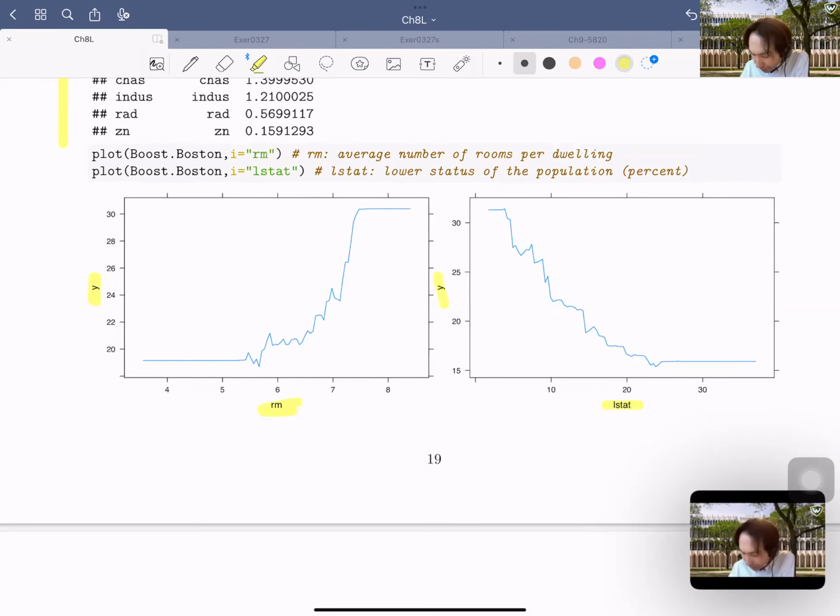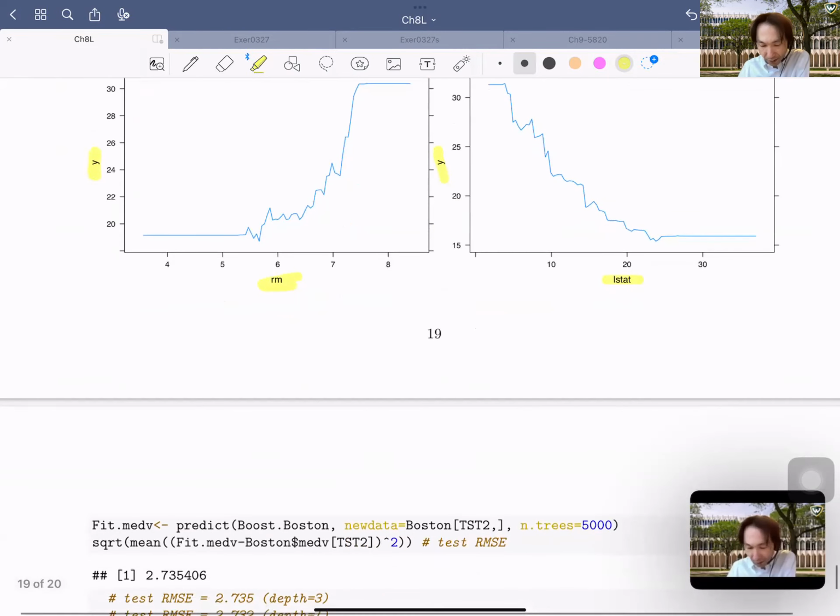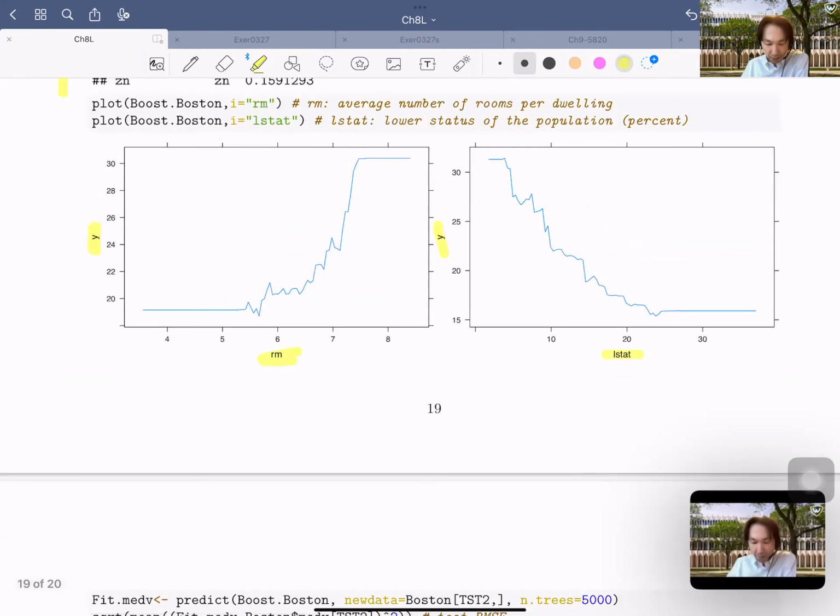But if we fix other parameters and don't have other information, this may still be useful. And LSTAT is the lower status of the population in percent. Of course, it has a negative relationship with housing price. This is a kind of obvious relationship.